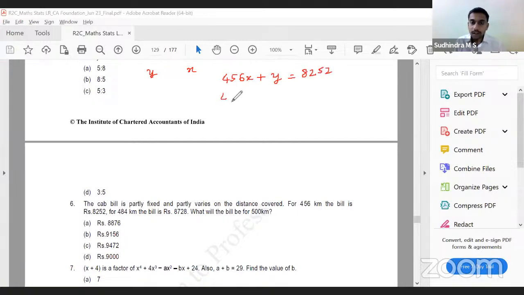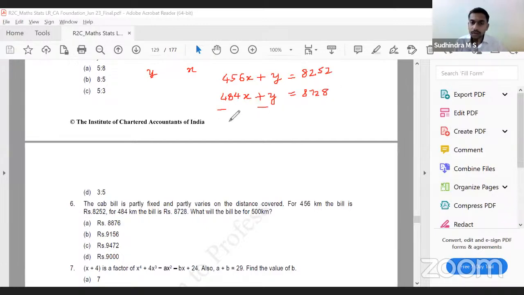Same way, for the next, 484x, the variable component changes with the change in the distance, plus y, which is fixed, equals 8728. So we have to find the values of x and y so that we can apply the same for 500 kilometers. How do we do this?